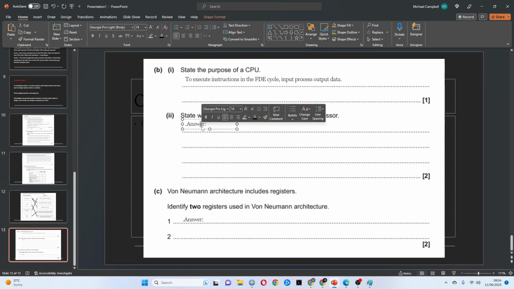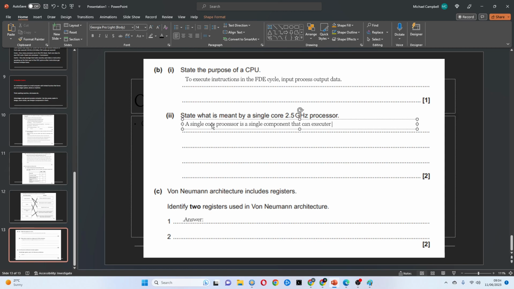What is a single core processor? A single core processor is a single component that can execute 2.5 gigahertz, 0.5 billion FDE cycles per second.